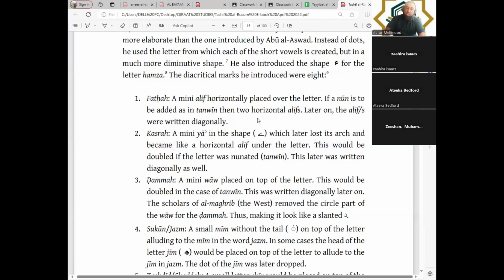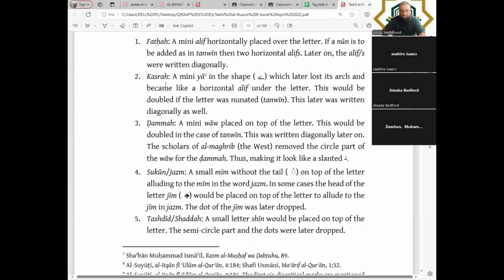And then later on, we have a concept of standing fatha, kara zabr, for those of us in the South Asian context. Kasra again, mini ya. So you can see how diacritical marks are developing from letters, which is really unique. You'll see this shape in the Quran, but it lost its arch, meaning this top part here lost its arch, and it was then doubled.